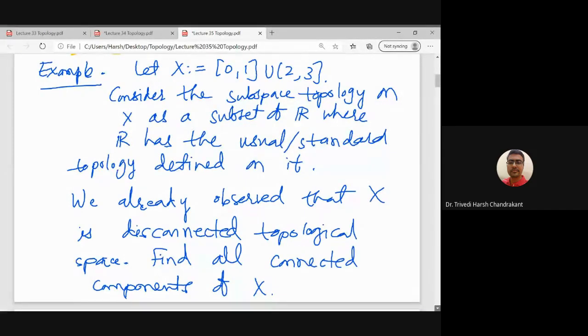We will choose the points of X one by one, find the elements in the equivalence class of those points, and then find the equivalence classes. The disjoint equivalence classes are basically the components.